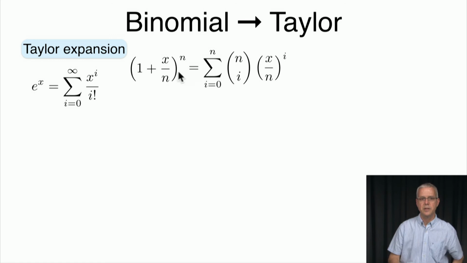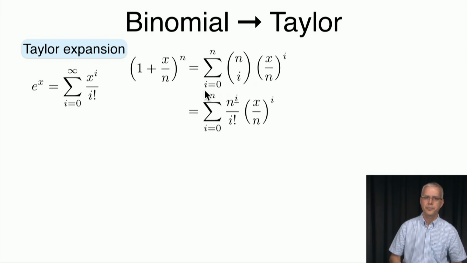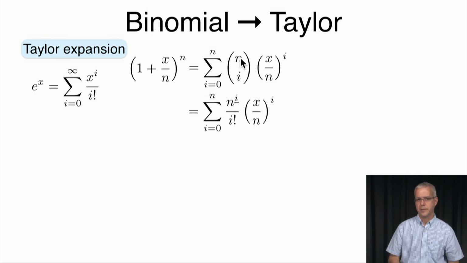So this is going to be equal to summation of n choose i times (x over n) to the i. And there's another term 1 to the n minus i, which we don't write because it's 1. So (1 plus x over n) to the n, therefore, is equal to summation of n choose i, (x over n) to the i. Okay. Now, we can expand this out. So n choose i is n to the i falling power.